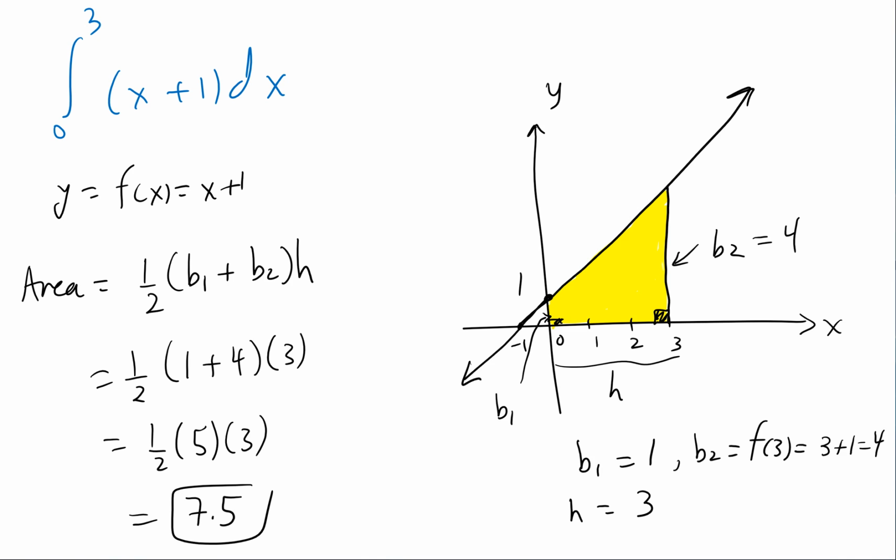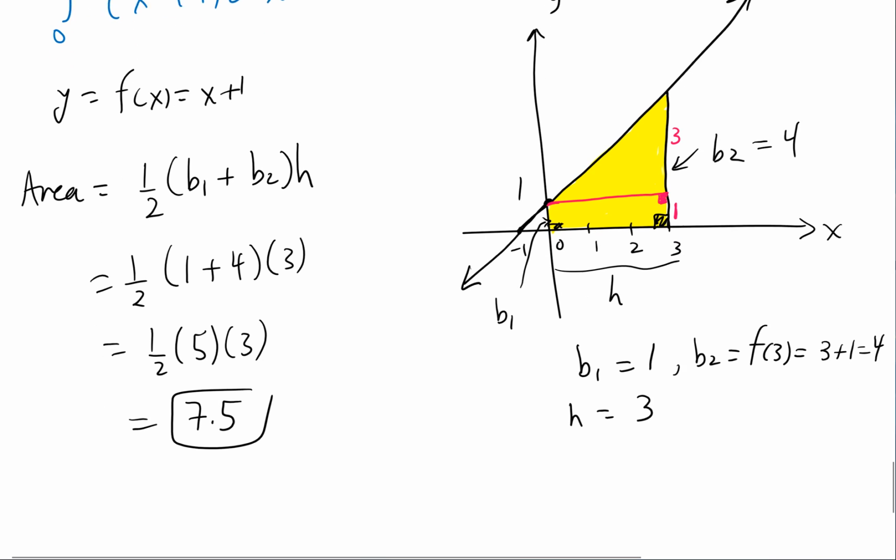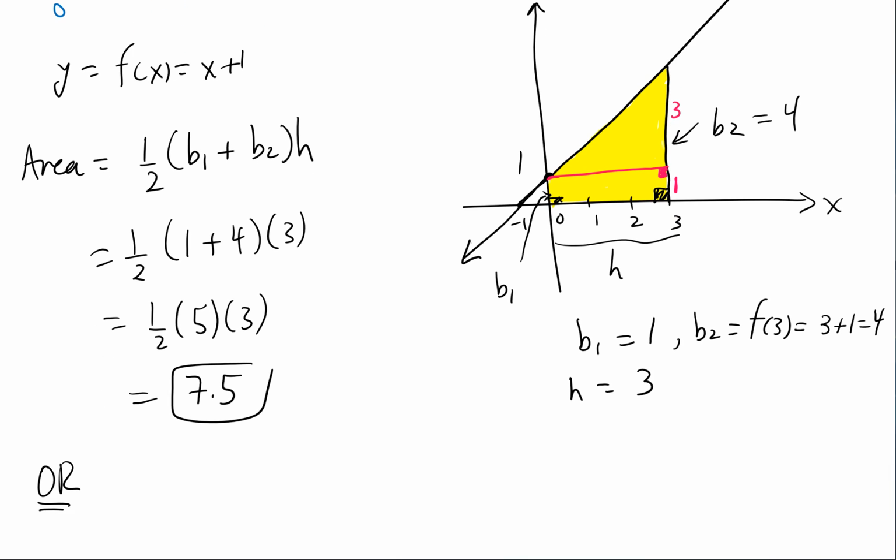The other way, you can drop a height this way. This is 1. This is 3 units because the whole thing is 4. So what we can do is say the area is the area of the rectangle that you see plus the area of this triangle.